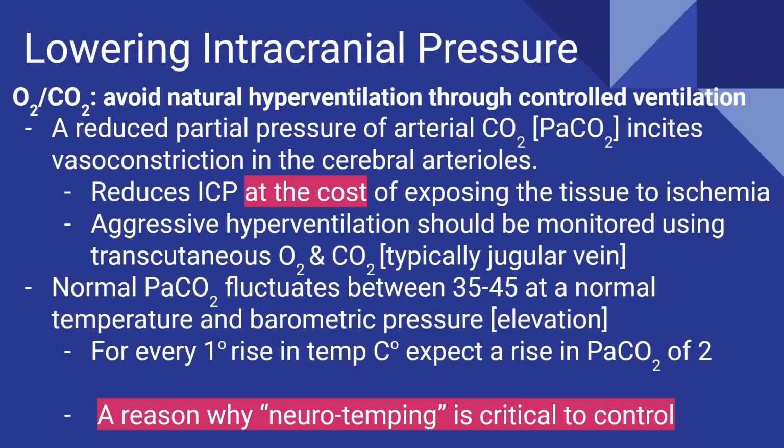So the higher your patient's temperature is, potentially more dilated your cerebral vasculature is, which is not necessarily a good thing. So this is one of the reasons why we try to control neurotemping when the neurological balances of thermal regulation are out of sync, and you have large fluctuations in temperature. This could be one of the reasons why we try to control it.